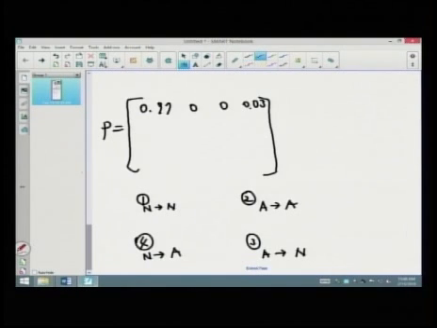Now we're going to start from state number 2. What transitions occur starting from state number 2? Do we have this transition 2 to 2? Is that right? What is this? According to the problem description, a customer who has had an accident during the last year has a 10% chance of having an accident during the current year, which is this, 0.1.